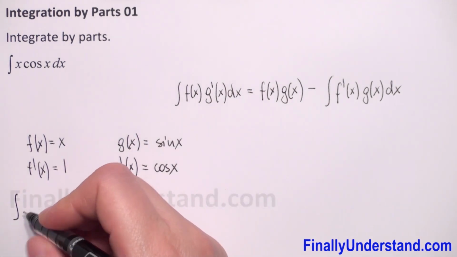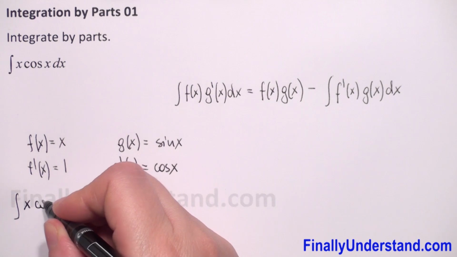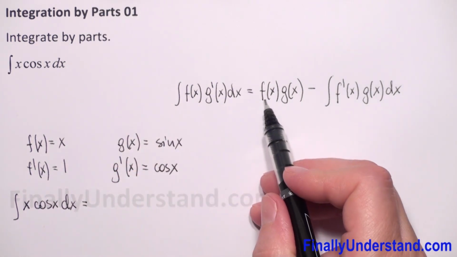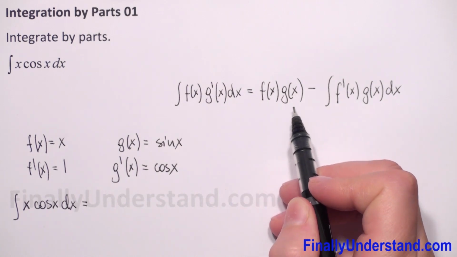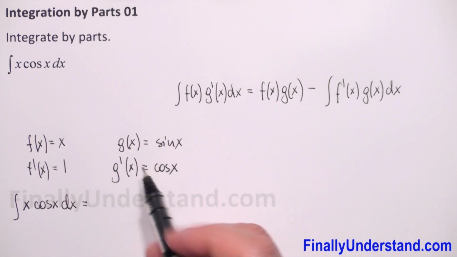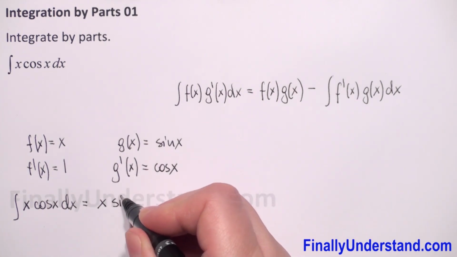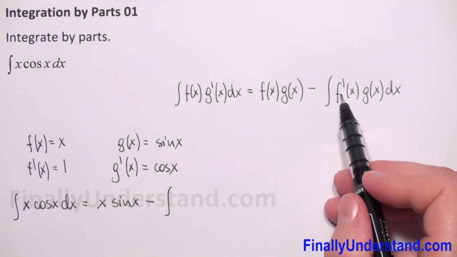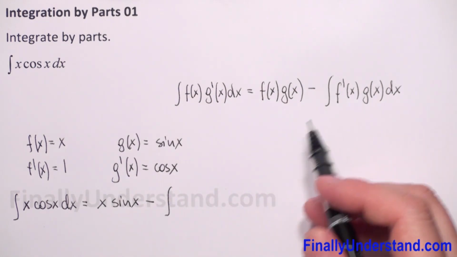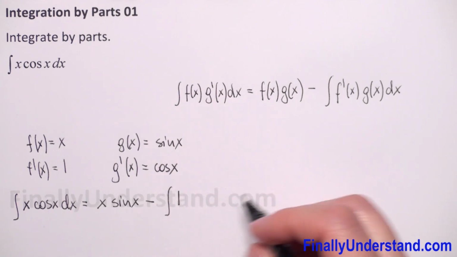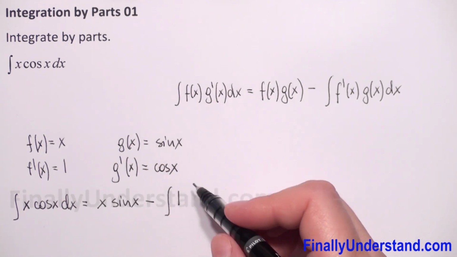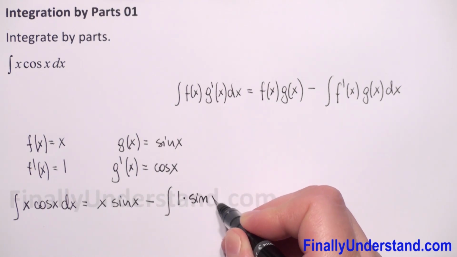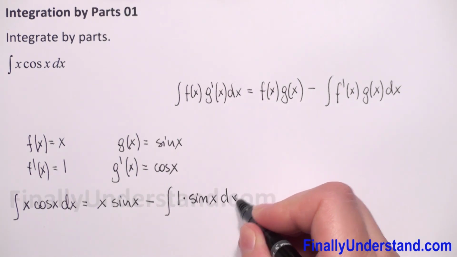So our integral of x times cosine of x with respect to x is equal to f of x times g of x. So we just multiply x times sine of x minus, and now we have the integral of the derivative of f of x. So this is 1 times g of x, which is sine of x, with respect to x.